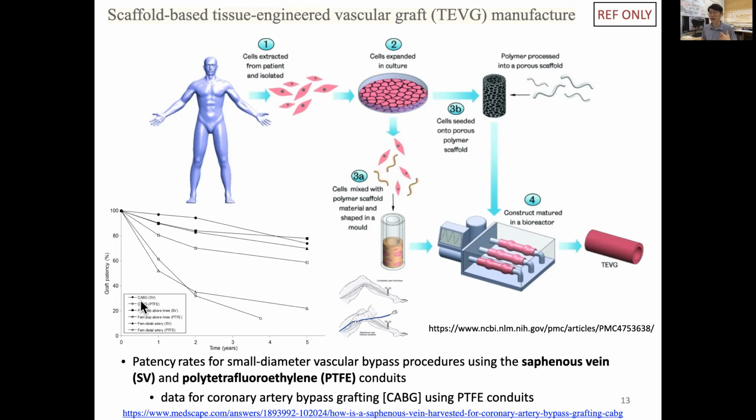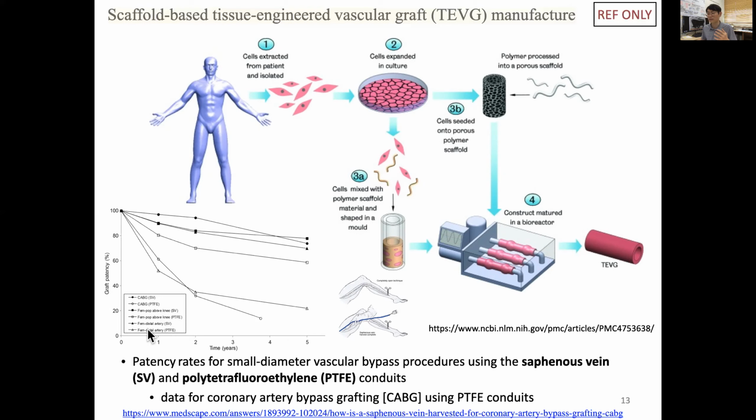For coronary artery bypass graft, CABG, the saphenous vein is the filled circle, and the PTFE engineered ones are the empty circle, which goes down over the years. You can see the graft patency is deteriorating. For the femoral popliteal above-knee, the filled and unfilled rectangles, it's not too bad, a little worse.